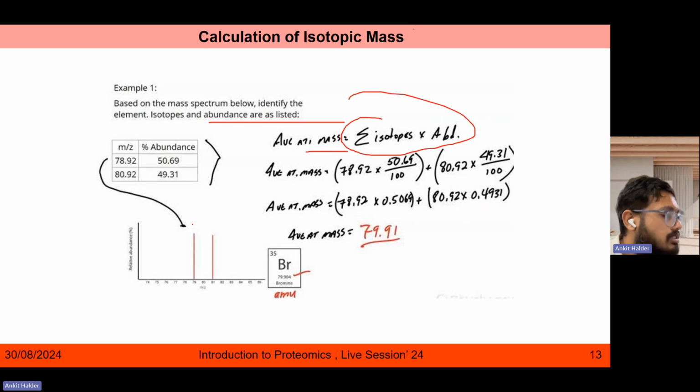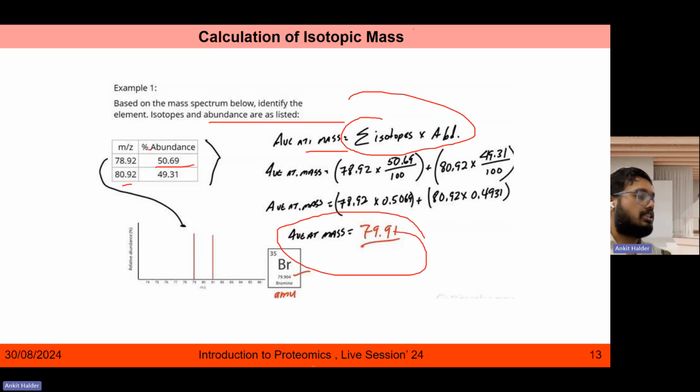Here, for instance, it is given 78.92 with 50.69 percent, so 78.92 into 50.69 by 100, and 80.92 into 49 by 100. So the average mass will be 79.91. So this is what we are getting.